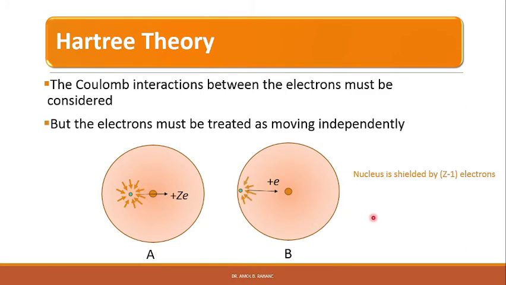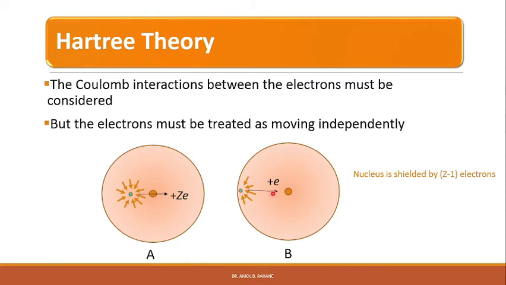So the nucleus is shielded by Z-1 electrons for this electron. This electron will see the nucleus, but it is shielded by all other electrons. For atomic number Z, there are Z-1 colleagues for this electron.